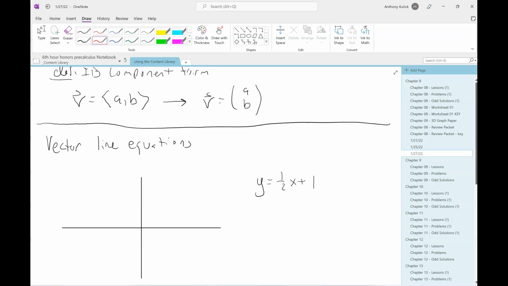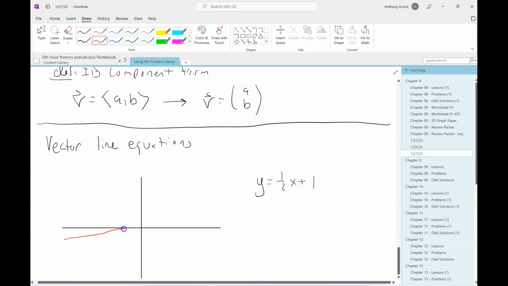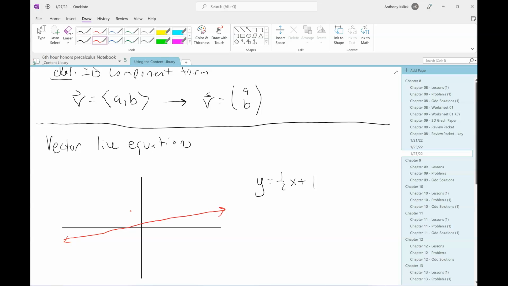We can represent that line with an equation like y equals 1/2 x plus 1, or a graph that would look like this. The slope is positive, it's going up. The y-intercept looks like about 0, 1. And the slope is not very steep because 1/2 is not a steep slope. Everybody feel okay with that?